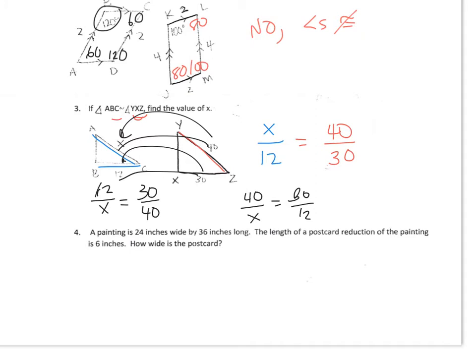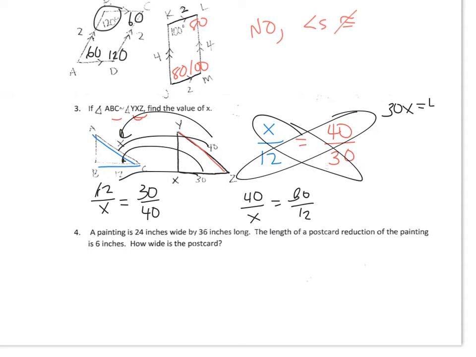So I'm going to cross multiply, use the cross product to get 30x equals 12 times 4 is 48, so add a 0. Divide both sides by 30. X equals, the zeros cancel out, 48 divided by 3 is 16. So the answer is 16.